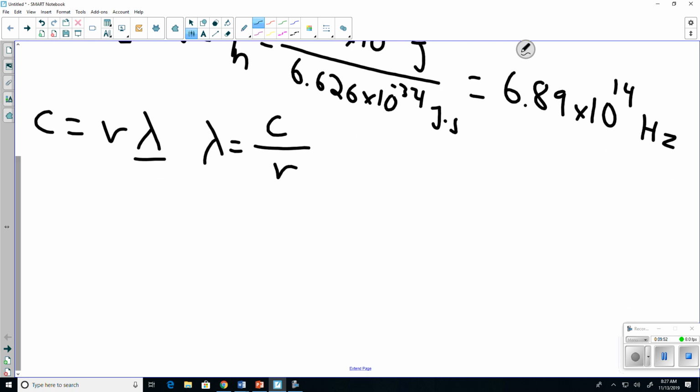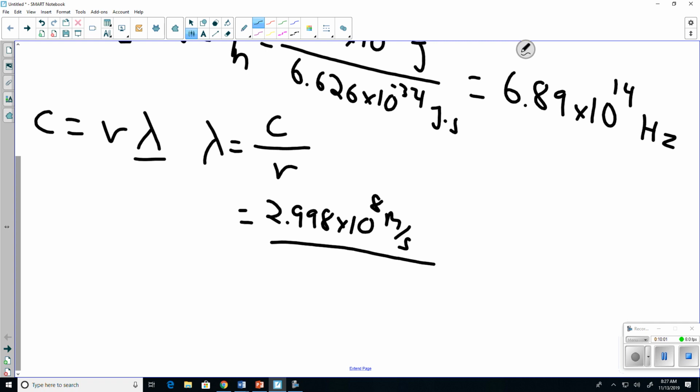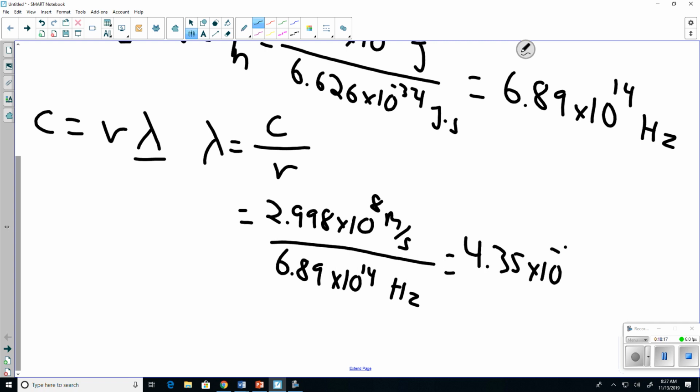So, speed of light is 2.998 times 10 to the 8th meters per second divided by 6.89 times 10 to the 14th hertz. And this would give me 4.35 times 10 to the negative 7th meters.